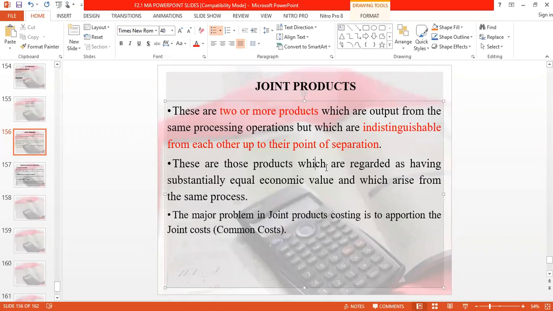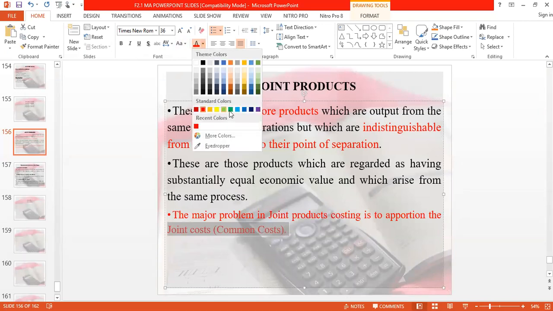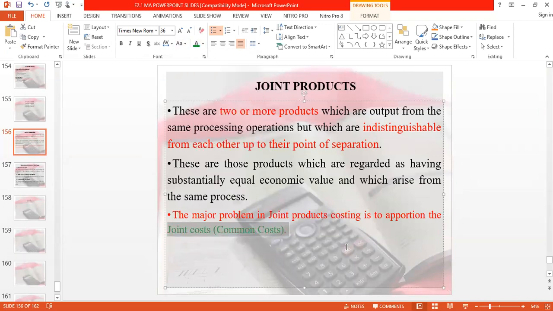The major problem in joint costs is how to apportion joint costs. How do you share the joint costs? That is a major problem in accounting for joint products.